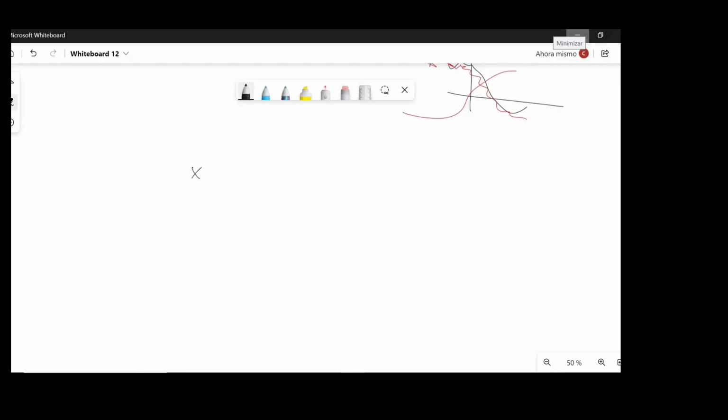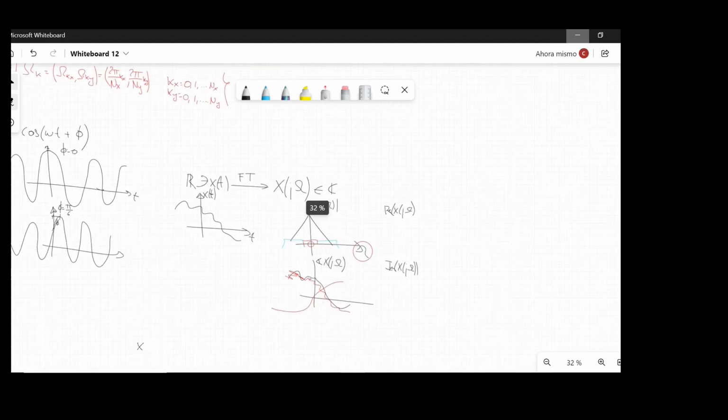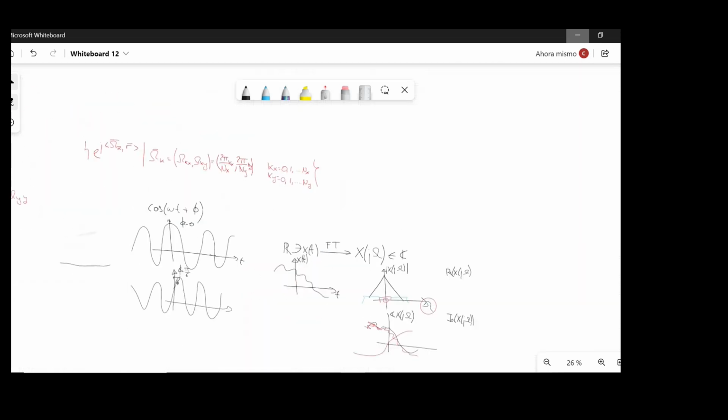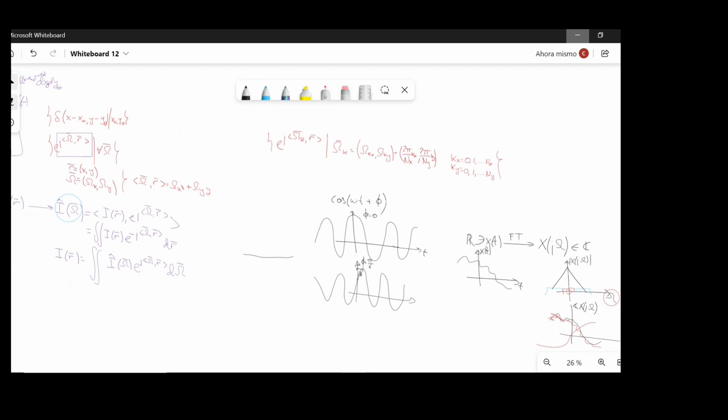You see that we had it somewhere. Here. If I want to recover those real and imaginary parts, this is the number, and it is a complex number. I have to multiply it by this complex exponential.